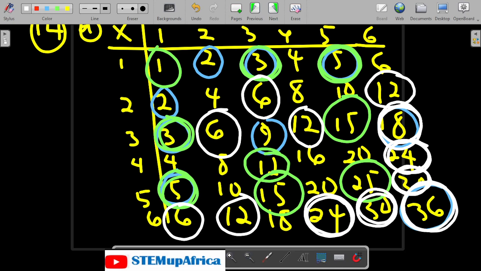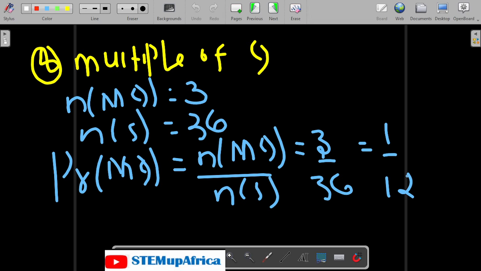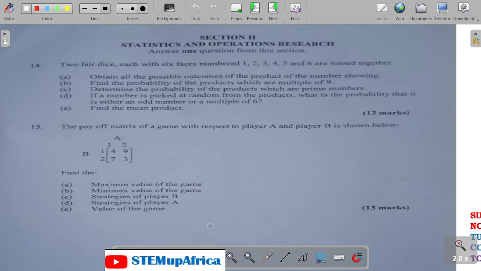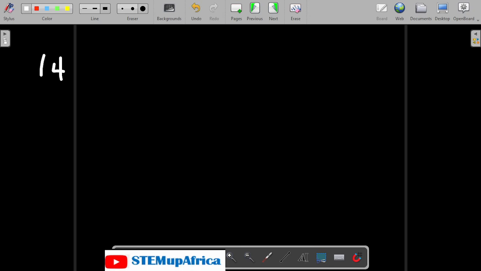I count the numbers: 1, 2, 3, 4, 5, 6, 7, 8, 9, 10, 11, 12. So we're having 12. So for 14D, multiples of 6 is 12 over 36.